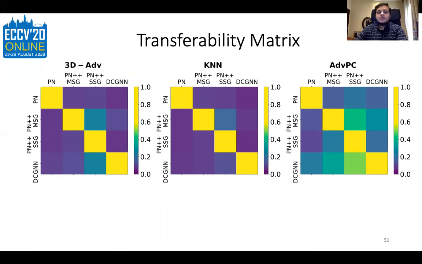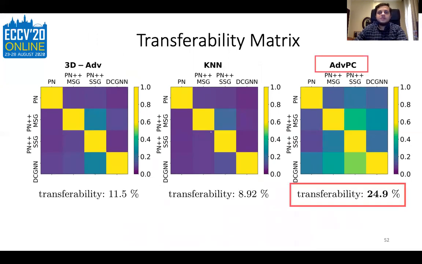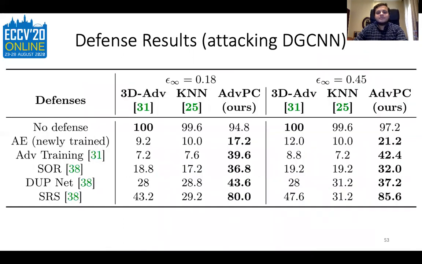Bright diagonal indicates attack success on the victim network, while bright off-diagonal indicates better transferability to unseen networks. By averaging the off-diagonal values for each matrix, we obtain a transferability score for each method, which summarizes overall transferability. Our method performs better overall on transferability.